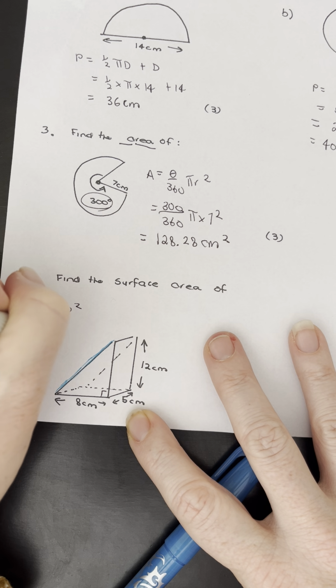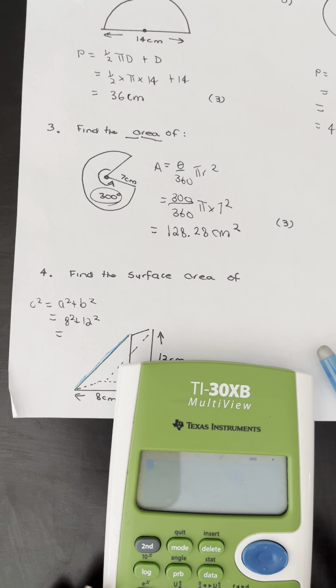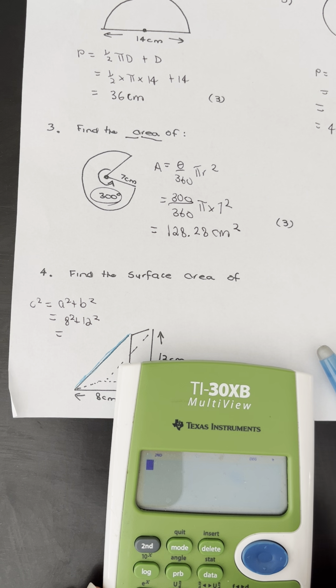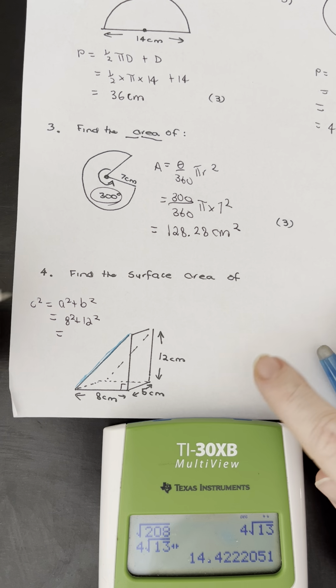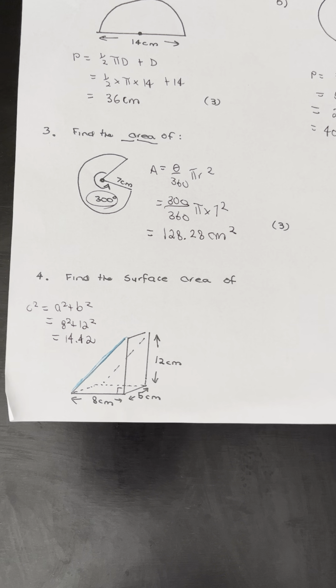So we've got 8 squared plus 12 squared. That would be 64 plus 144 gives me 208. I've got the square root of that, which gives me 14.42.